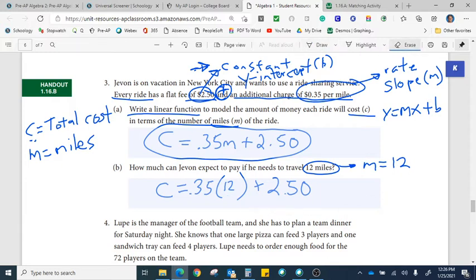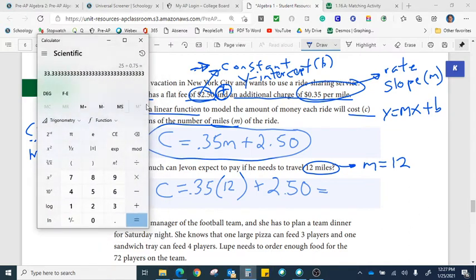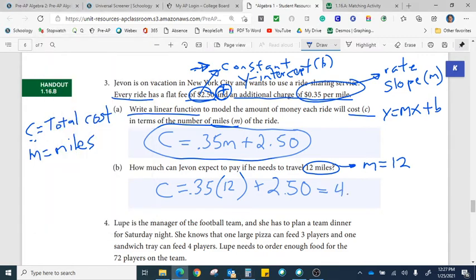Okay, so when I solve this, I can take out my calculator, clear everything that's on there, and say 0.35 times 12 equals 4.2, plus $2.50.